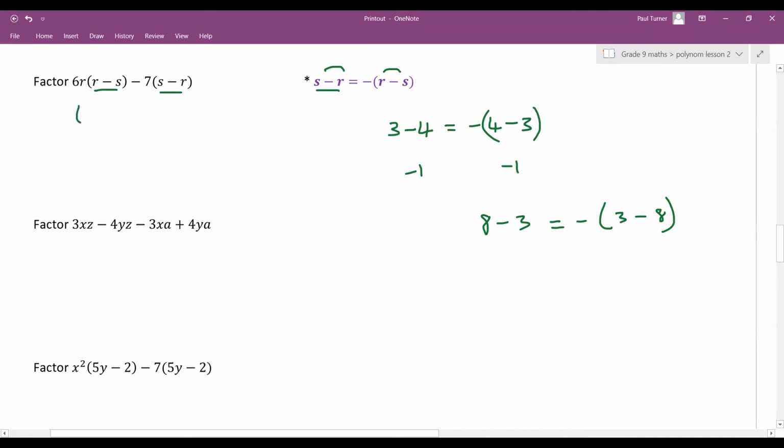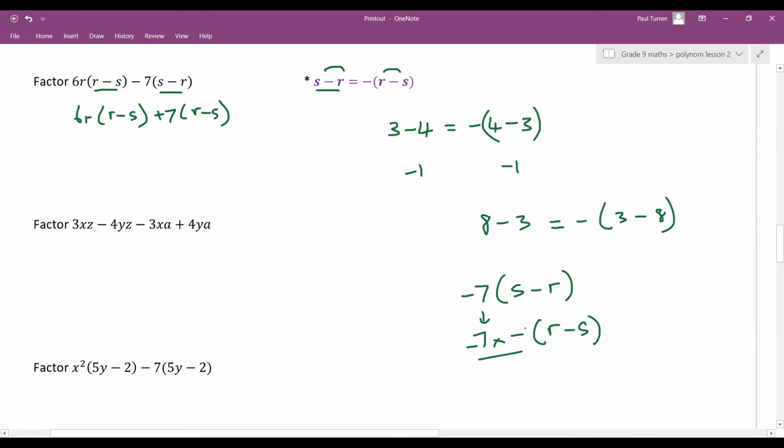So in this case, we'd have 6r, r minus s, and minus 7 s minus r. The s minus r is minus (r minus s). But you have a negative 7 here. So that negative 7 times negative 1 becomes plus 7(r minus s).